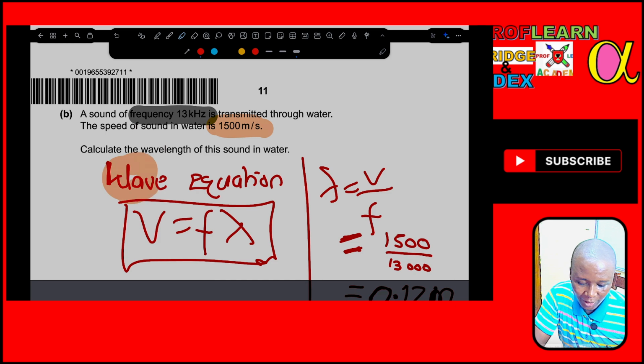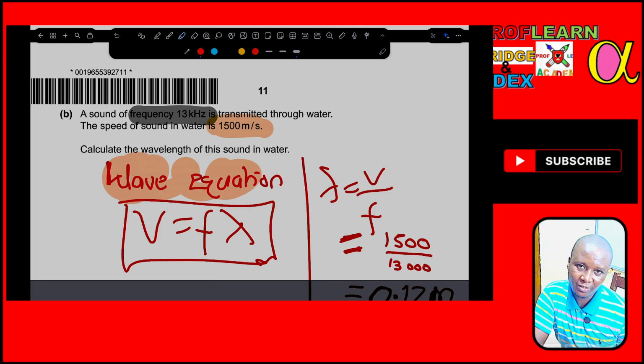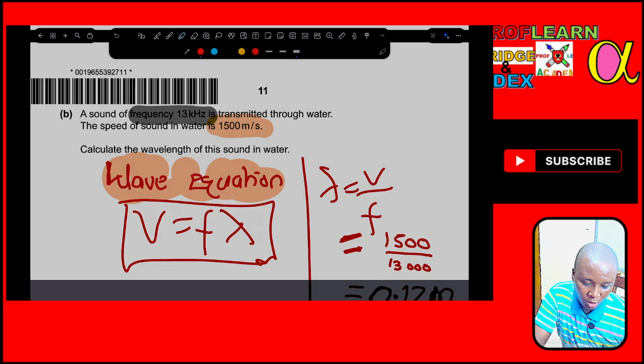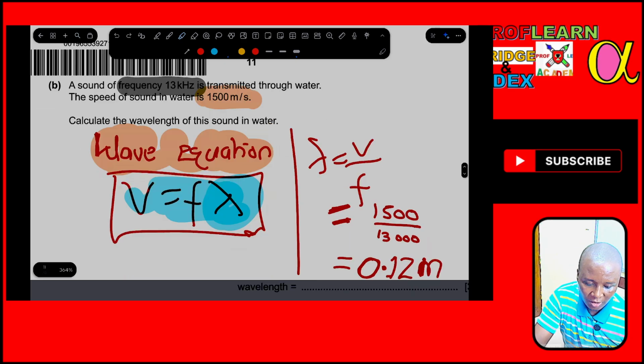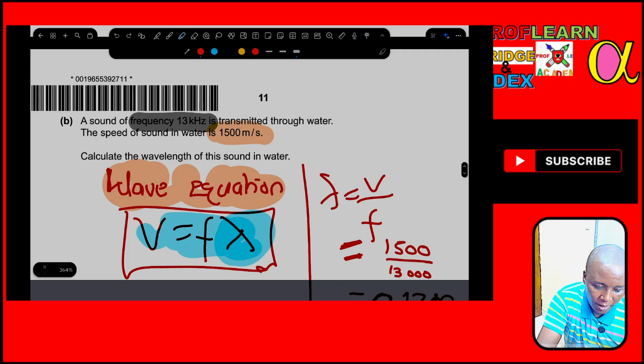For you to work out this question, we're going to use what we call the wave equation. The wave equation is V equals F lambda, whereby F is frequency and lambda is wavelength. If we want to find the wavelength, we're going to say it is V over F. The main thing you were supposed to remember is that this is kilohertz, so you multiply this by 1000.